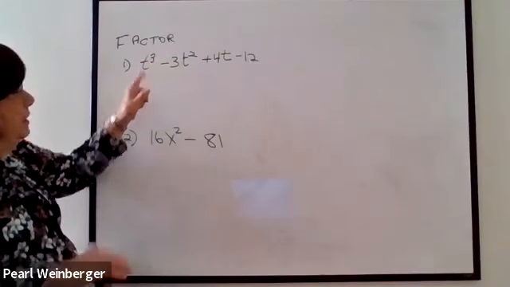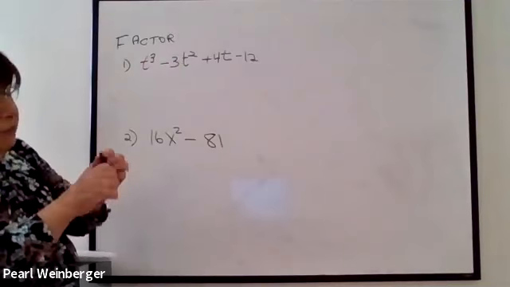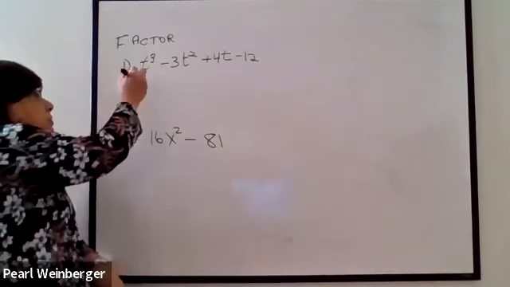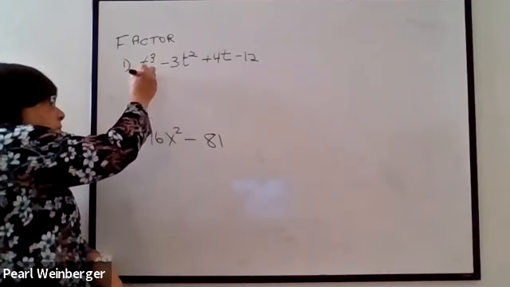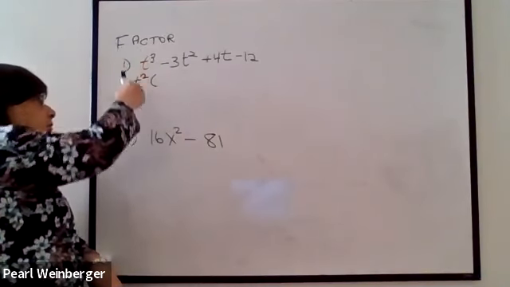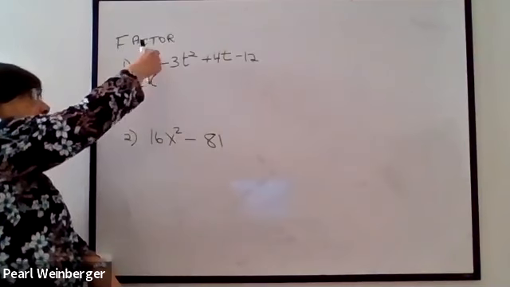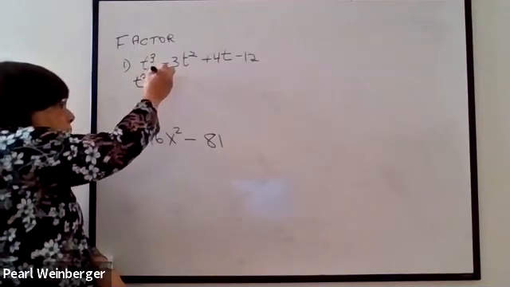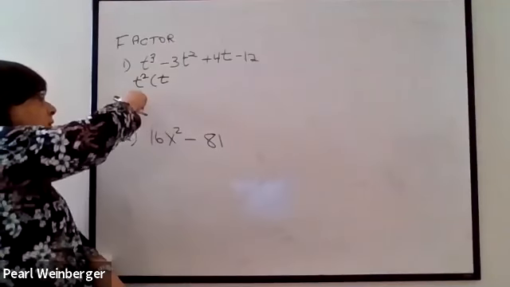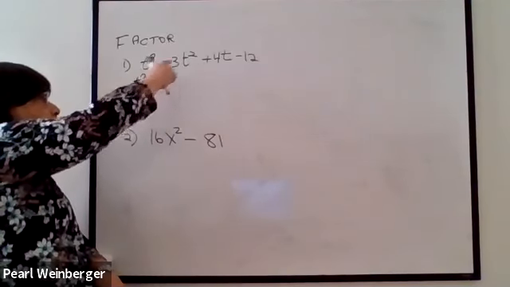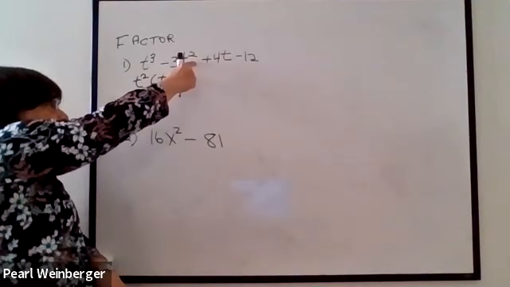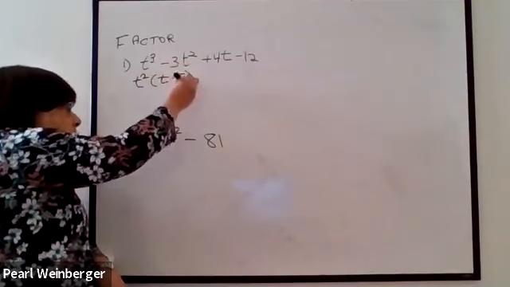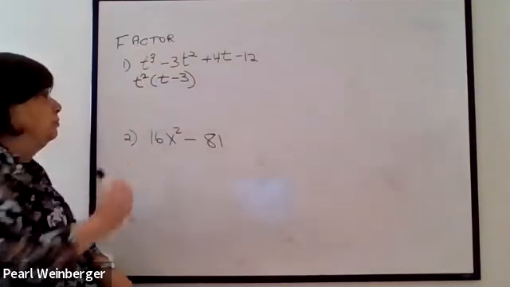They both have t's, and the common factor has to be the one with the lower exponent, which is t squared. So I'm going to put t squared out and divide the t squared into t cubed. Remember, we're subtracting exponents. 3 minus 2 is 1, so that becomes t. And here, the t squared cancels out with the t squared, and all you're left with is the -3. That takes care of your first group.